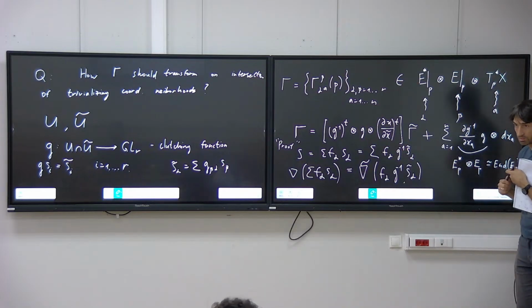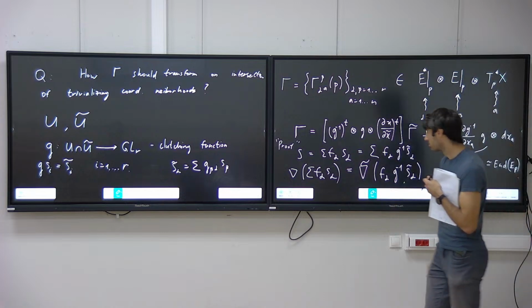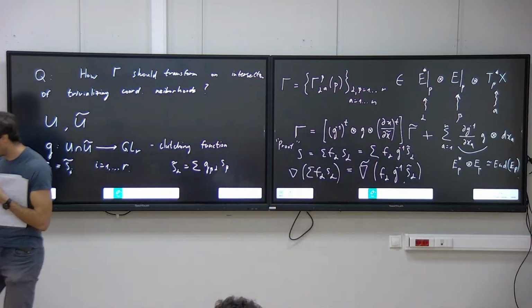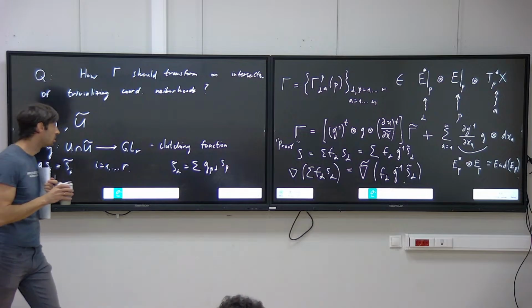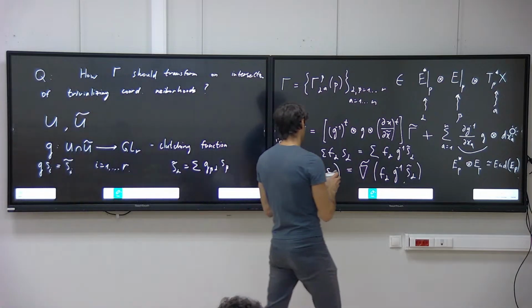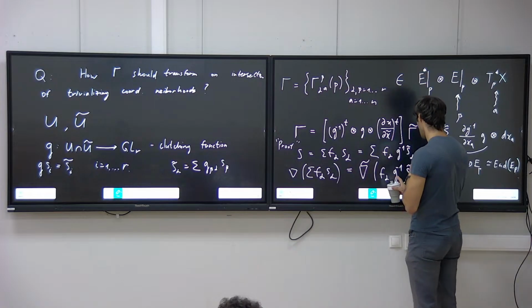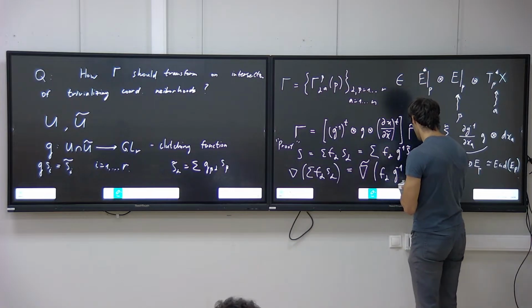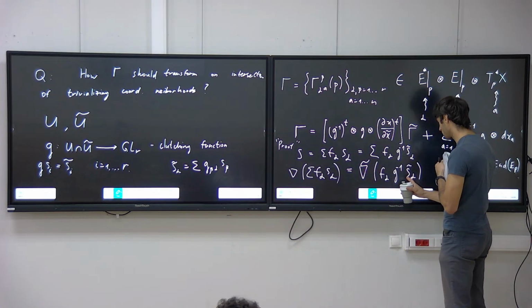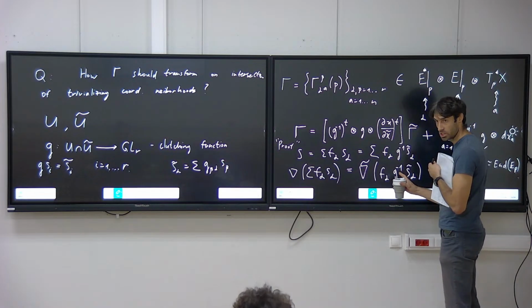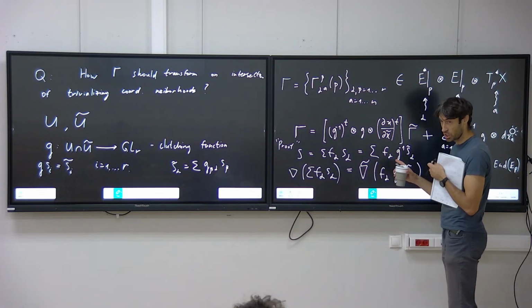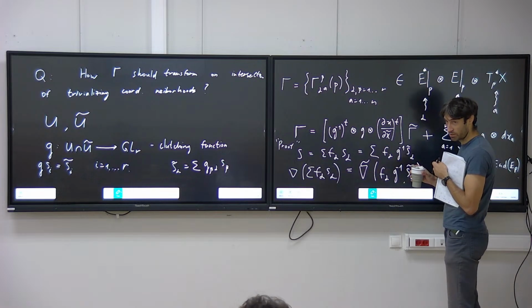Can you please repeat the explanation for how we apply nabla to G? How we handle G in this case? This one. Yes. So this is a function which is a linear transformation. It's like a matrix where each element is a function.